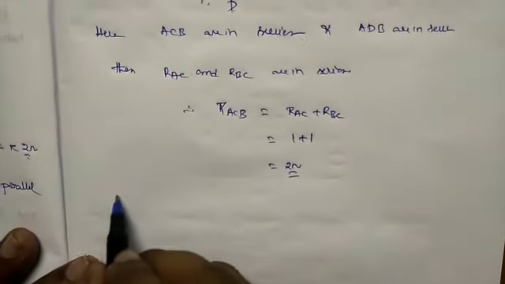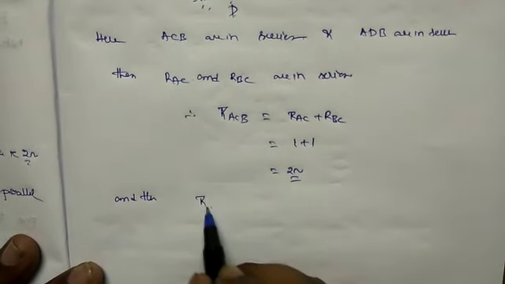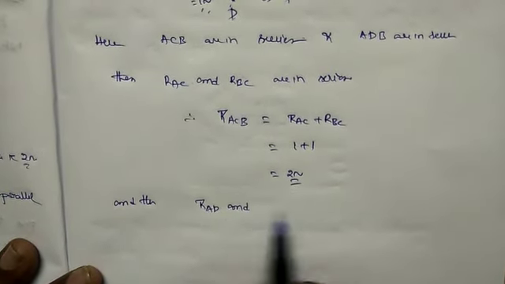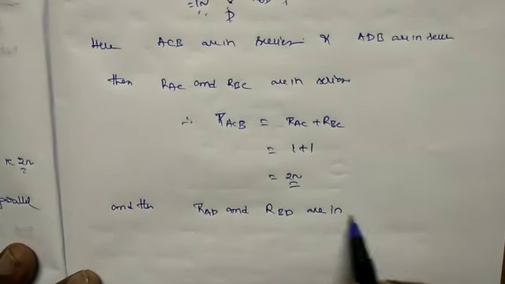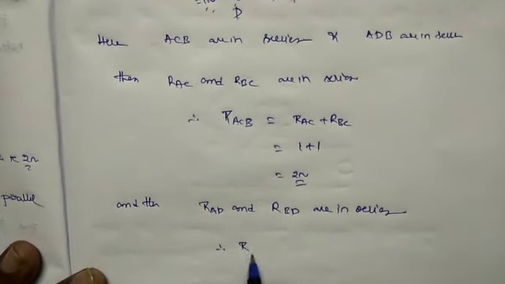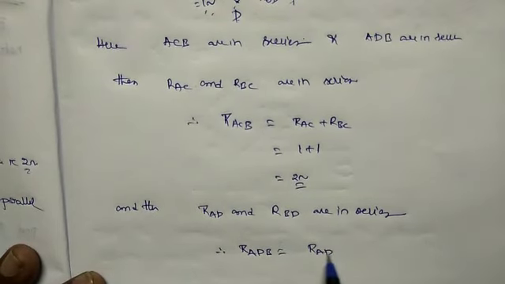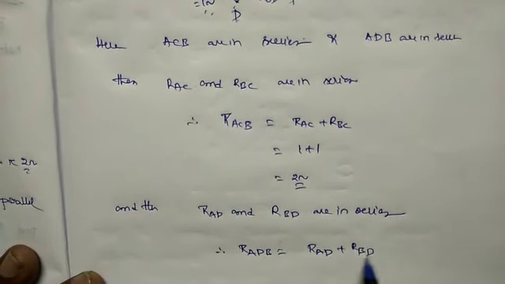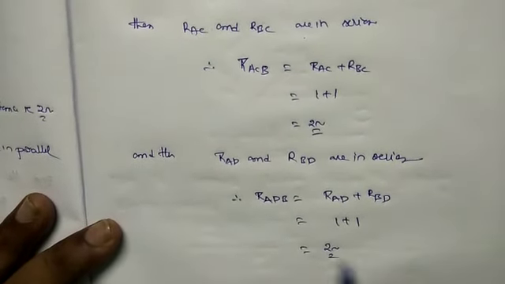And then RAD and RBD are in series. Therefore RADB equals RAD plus RBD, that equals 1 plus 1, that equals 2 ohms.